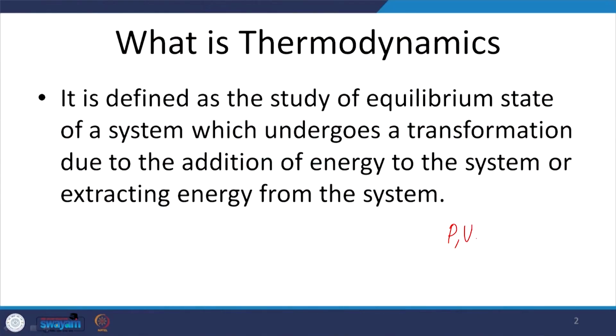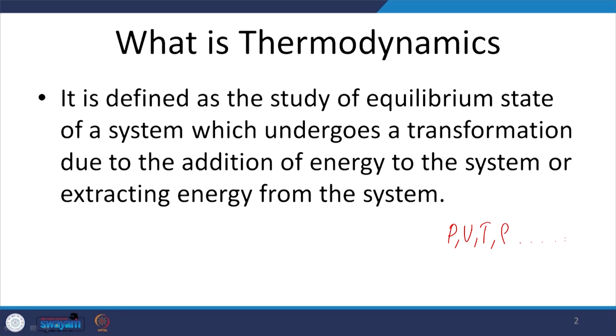That means that every state of equilibrium is defined with the help of a few variables which are generally called thermodynamical variables. So we define a particular state of a system with the help of variables such as pressure, volume, temperature, density and so on, chemical potential, so many other things.